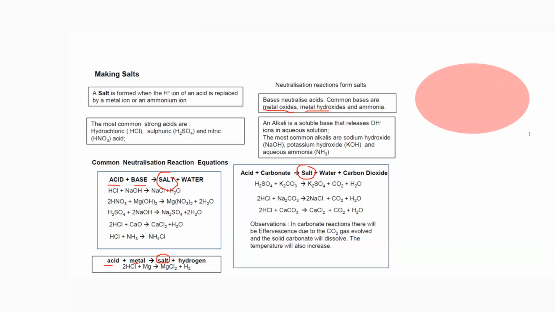The part of a base which can dissolve, we call that alkali. So soluble bases are known as alkalis, and the reactions of acids are used to prepare these salts.